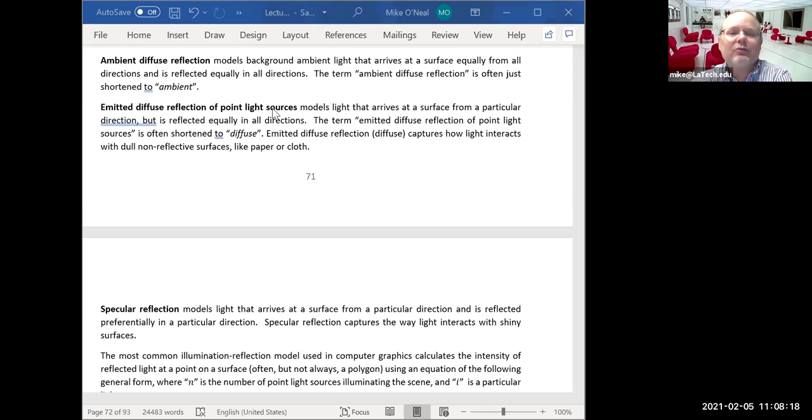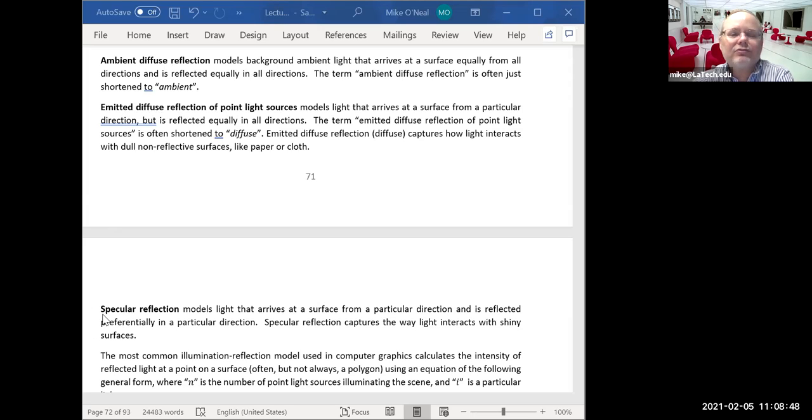And so we've said that we'll have 3 different kinds of reflections. We have ambient diffuse reflection. This just models background ambient light that comes in from all directions and is reflected from all directions. The second thing, and we just started talking about this one, is emitted light that comes from a point source, but that is diffuse, as in once the light hits the surface, it's reflected equally in all directions.